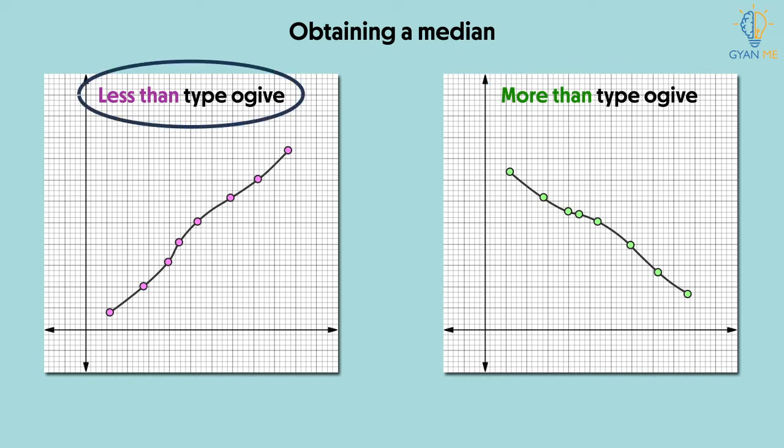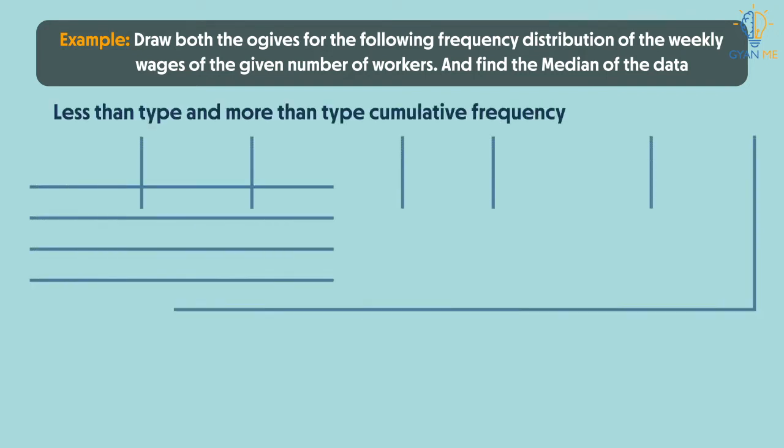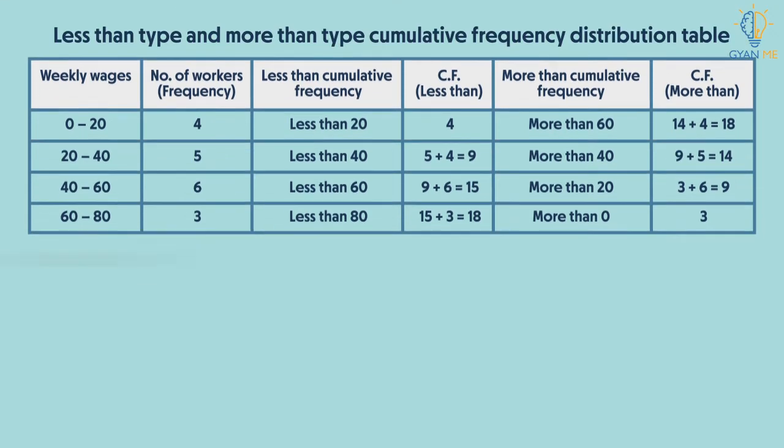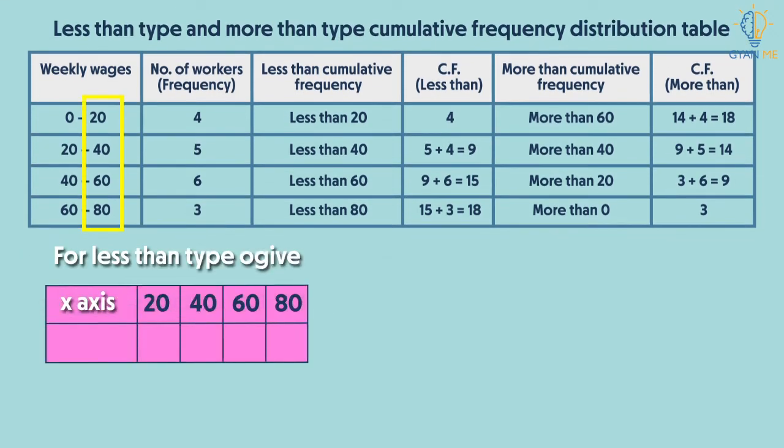To make the less than and more than type ogives of this given particular data, we need to first make less than type and more than type cumulative frequency distribution table. It looks something like this. Now to make less than type ogive, mark the upper limits of class interval on x-axis and the respective cumulative frequencies on y-axis.